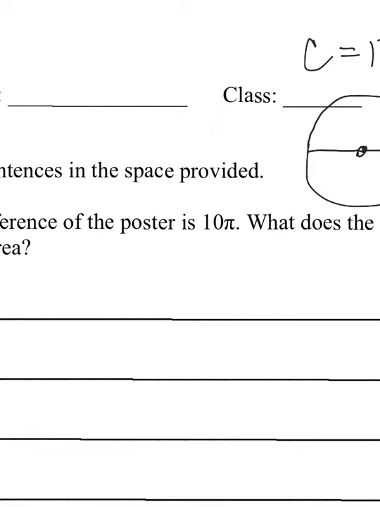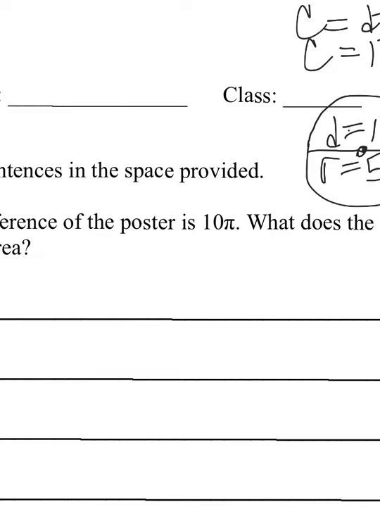And we know that circumference is equal to the diameter times pi. So 10 is the diameter. The diameter is equal to 10. In order to find the radius, we need to know the diameter. So if the diameter is 10, the radius is half of that, which would be 5.